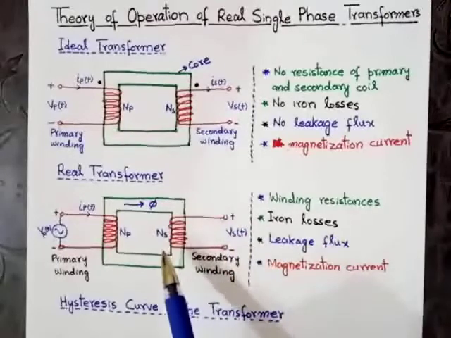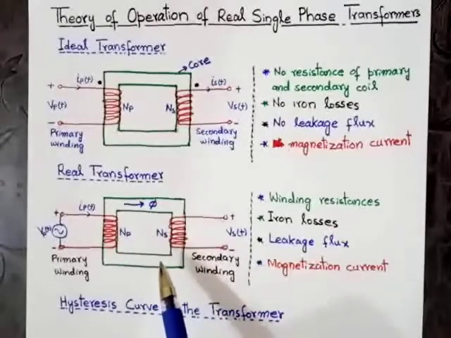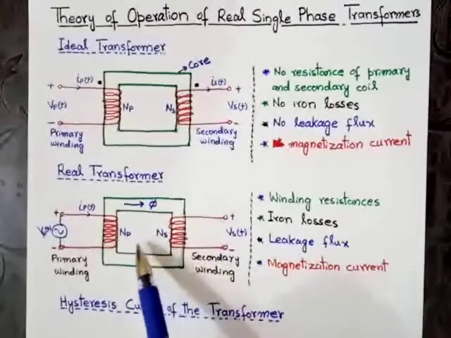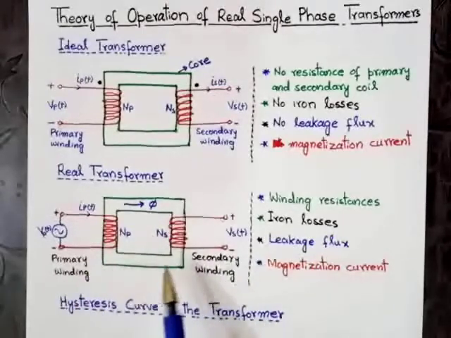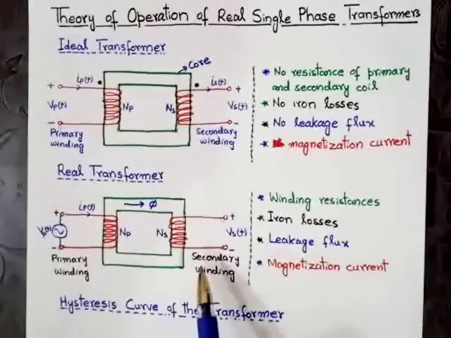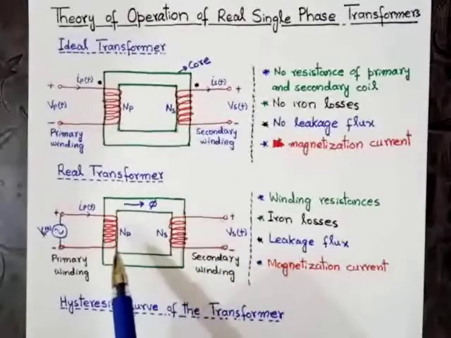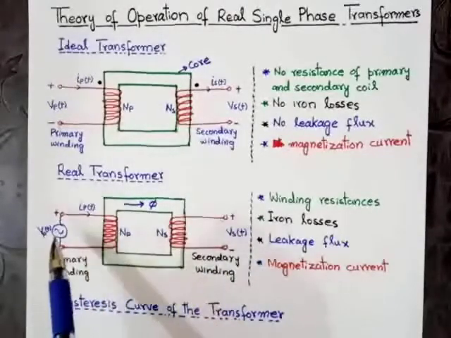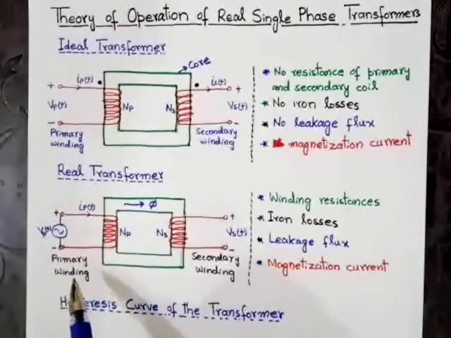To understand the operation of a real transformer, refer to the figure shown here. As we have already discussed, there are two main windings. The first one is the primary winding and the second one is the secondary winding. The winding which is connected to the power source is called the primary winding.